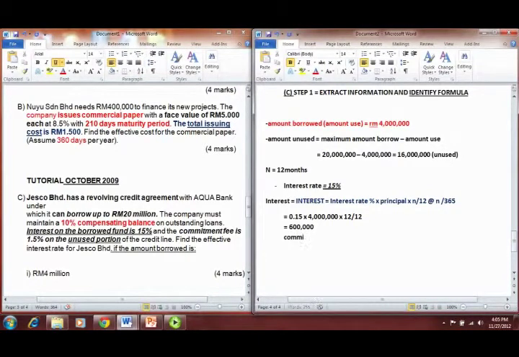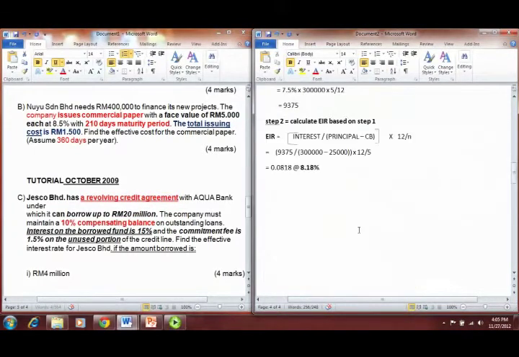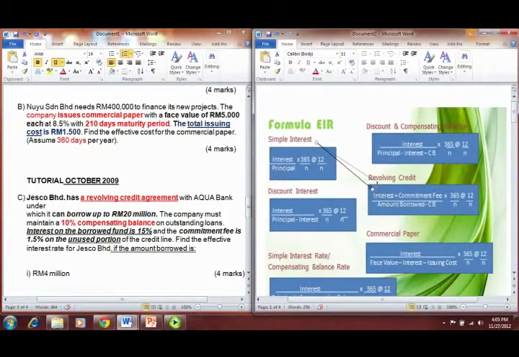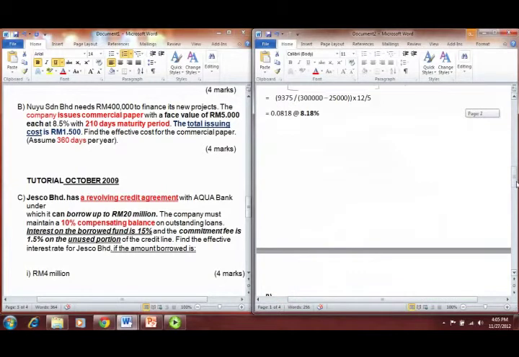You need to calculate your commitment fee. Why? Remember, if the question involves a revolving credit agreement, don't forget, based on the formula for revolving credit agreement, you have to calculate your interest, your commitment fee, and your CB.